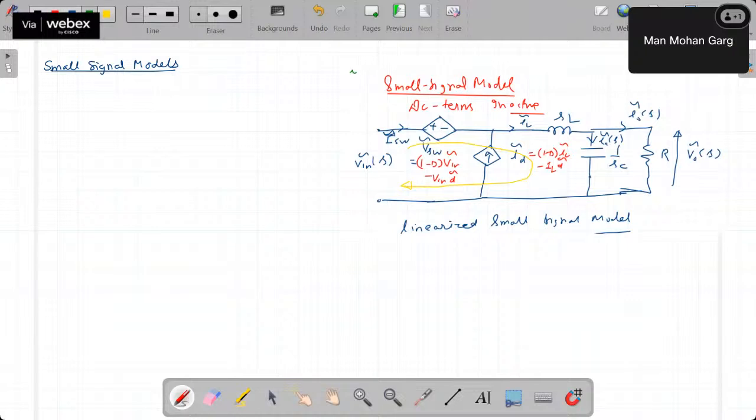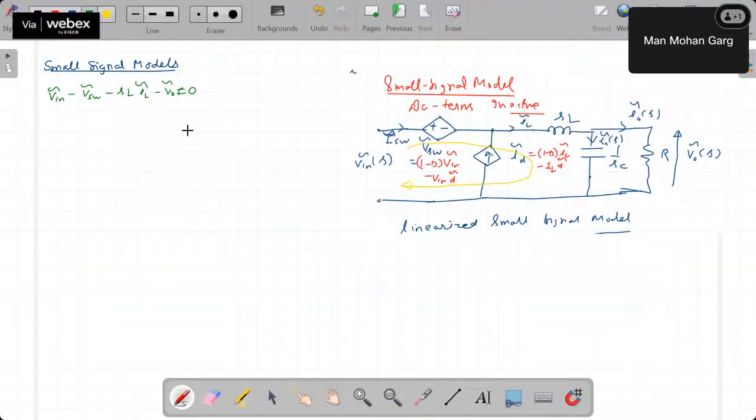So what is the KVL equation in this loop? I'm just removing these terms S and all. V in minus VSW minus SL IL cap minus V node equal to 0. This is the very first equation. Similarly, I can apply the KCL over here.